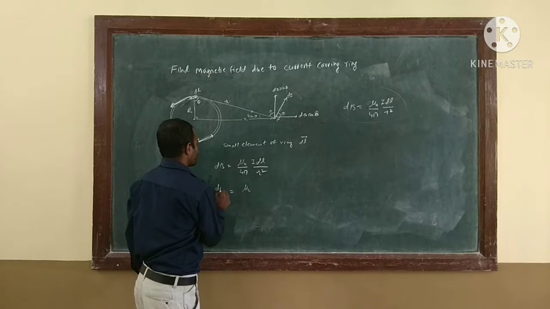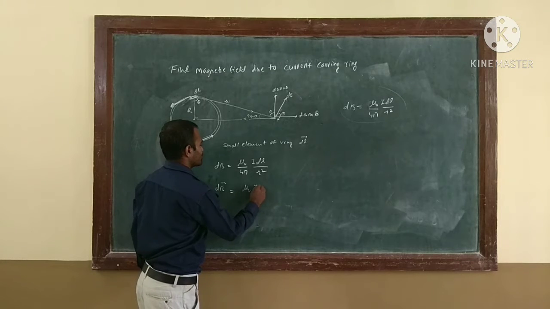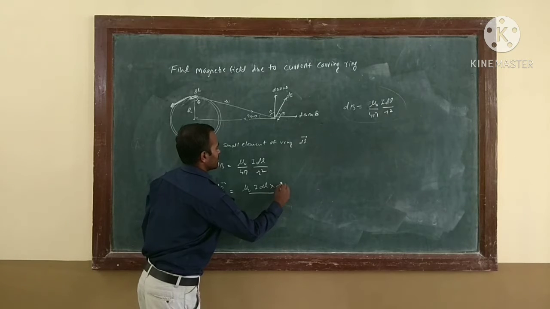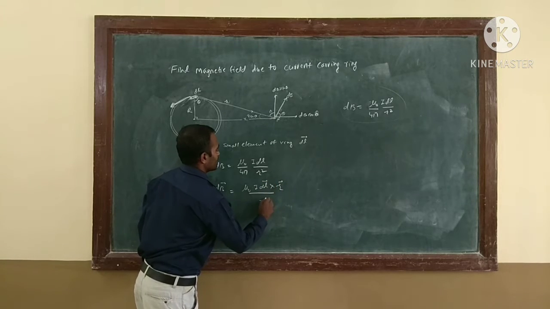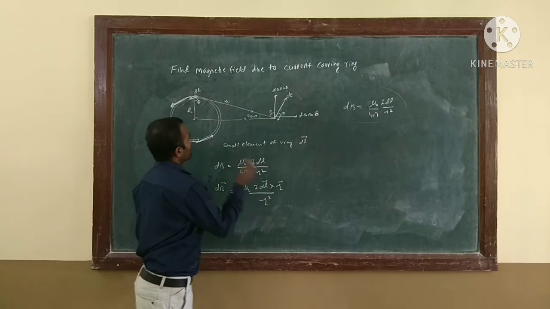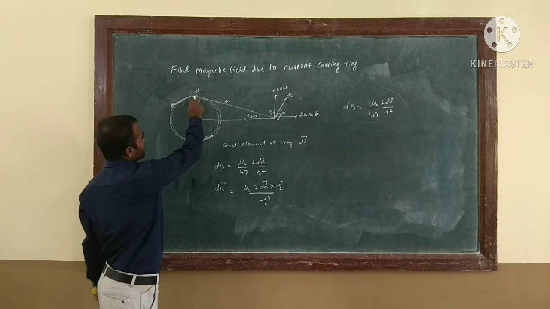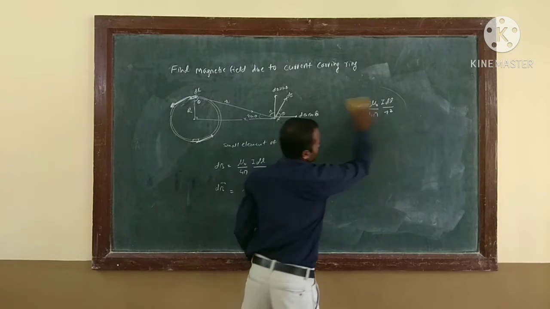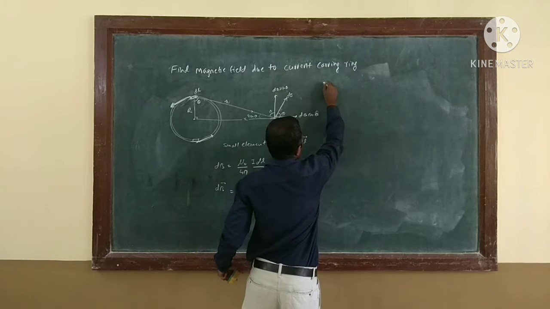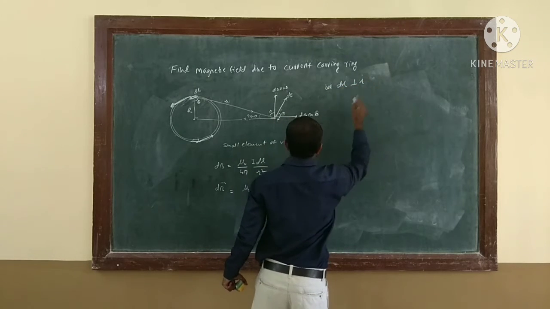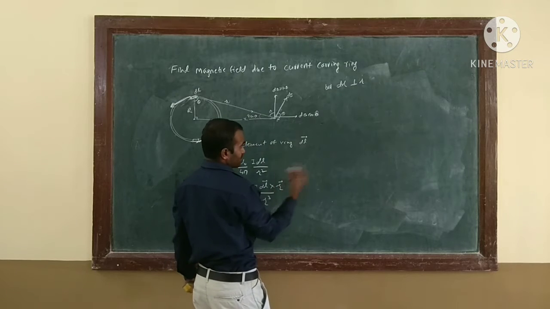If you want to rewrite it in vector form, dB is mu 0 I dl cross r, and here it will be r cube. Since dl is perpendicular to r, the cross sign will be removed.